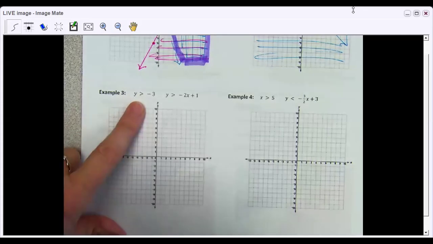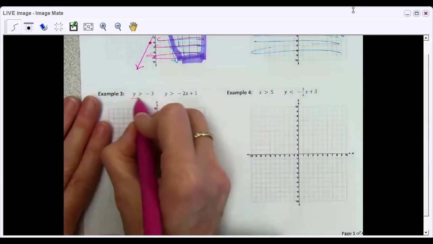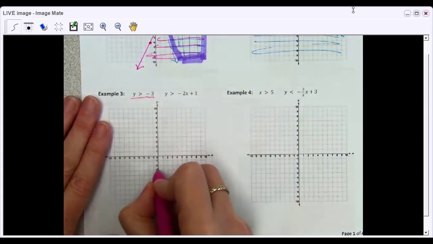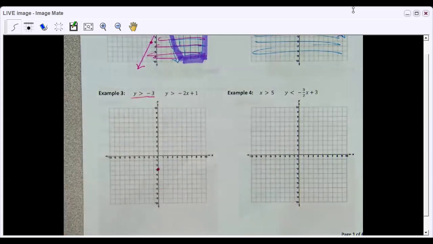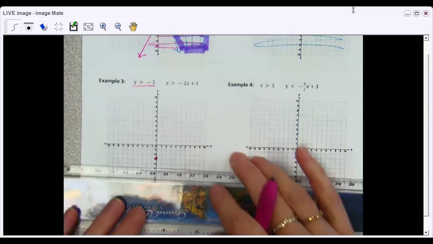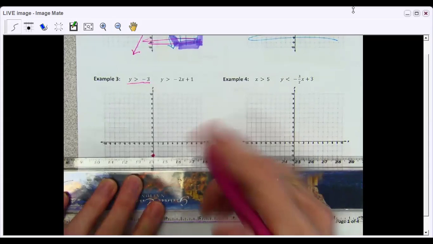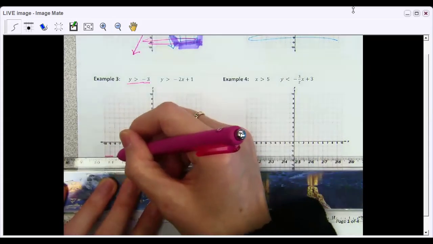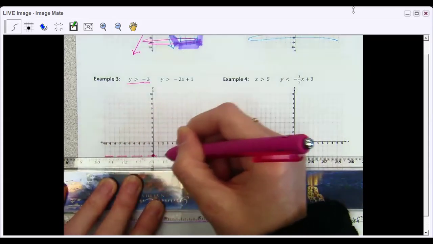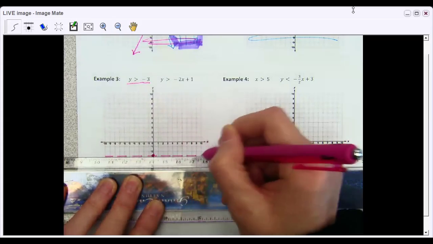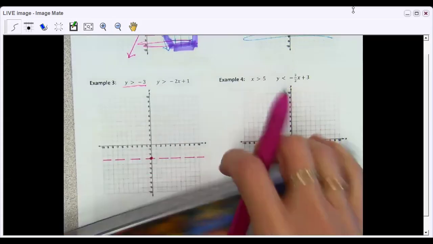So I'm going to plot a point at -3 on the y-axis, and then just draw a line through that. Now, our line has to be dashed on this one. And then when you're done with this, I want you to go ahead and finish this one on your own by graphing the second one.